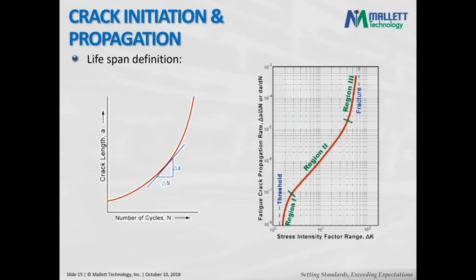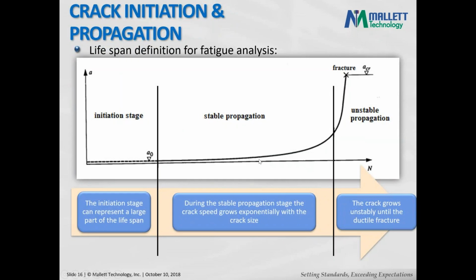The crack is not going anywhere. But if we are above this value, meaning to the right-hand side of this point, then we are going to get crack propagation, and the crack will propagate along this curve. As you see here, there are three regions: region 1, region 2, region 3. What we are mostly interested in is region 2, where there's stable crack propagation.